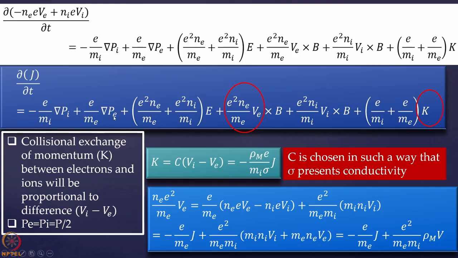This term is e by m_e grad p_e, and this term is e squared n_e by m_e plus e squared n_i by m_i coming over here, and this is E, and this term is e squared n_e by m_e into V_e cross B, and this term is coming as it is over here, and this is the K. Now I have circled two terms over here in red. So this is one term and this is the other term.